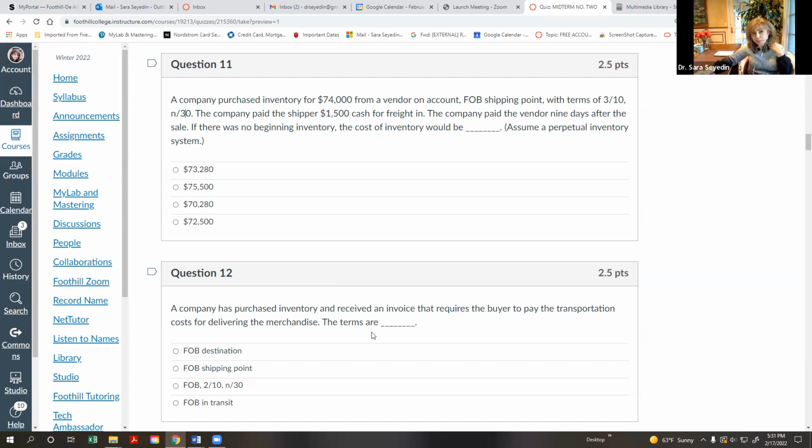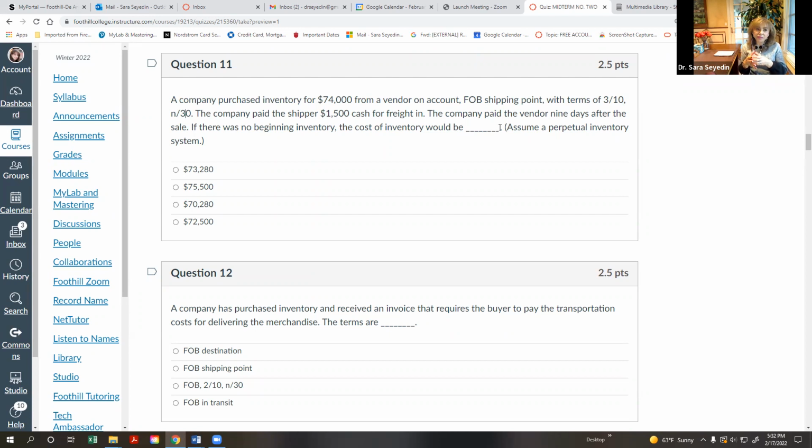It says the company paid shipping of $1,500 cash for freight in. The company paid the vendor 9 days after the purchase. If there was no beginning inventory, what would the cost of inventory be? There were no purchase returns. So we have $74,000. If there was a purchase return, I would have subtracted the return from 74,000. In this example, there's none. So I go 74,000.